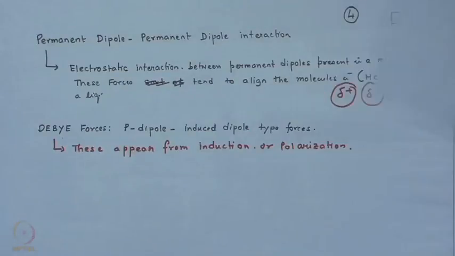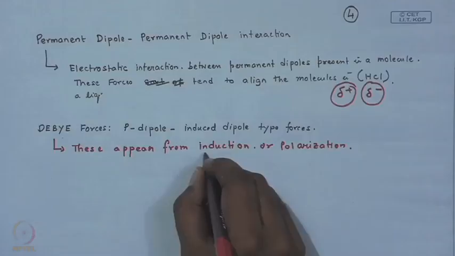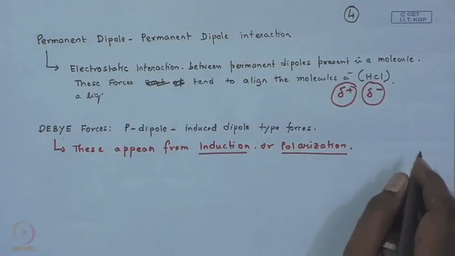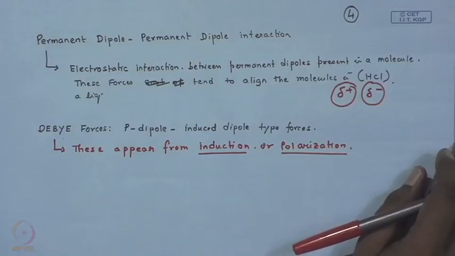So, what is important is that one part of the molecule might be rich due to excess electrons, and that induces a mirror charge on a neighboring zone. Okay. So, these appear from induction or polarization of molecules.